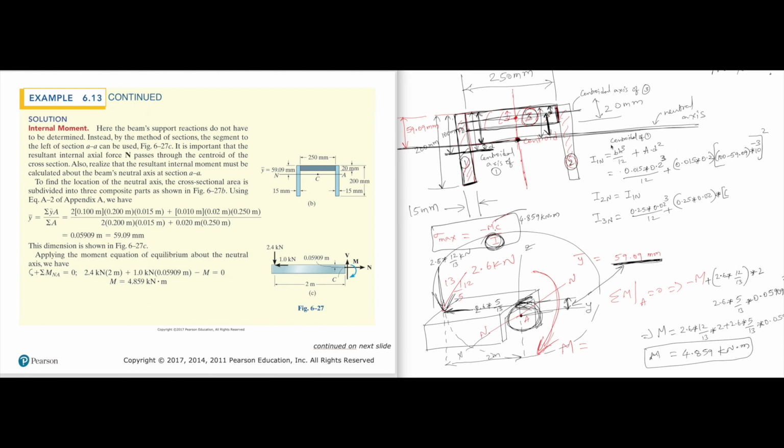The total minus 10. The total is 59.09 minus 10, and this is to be converted to meters, and that is to be squared.